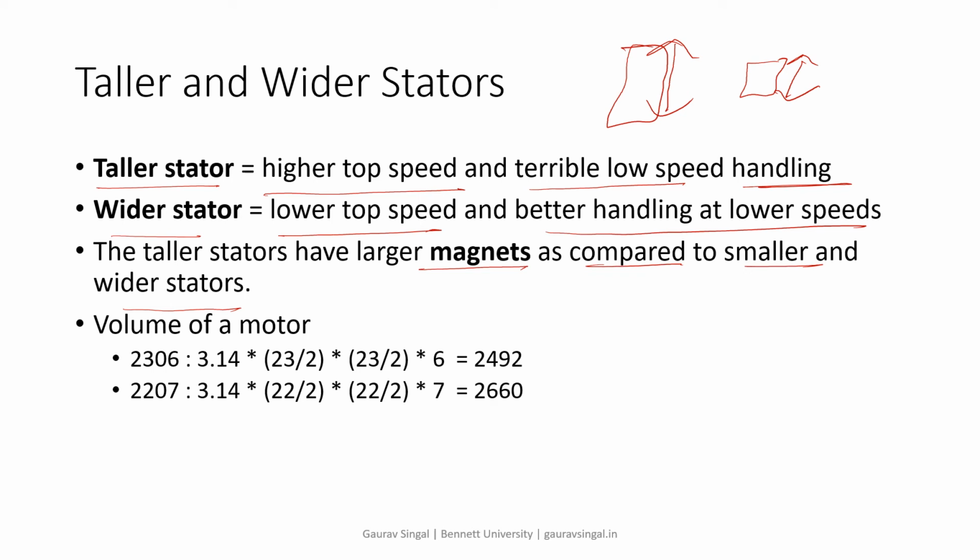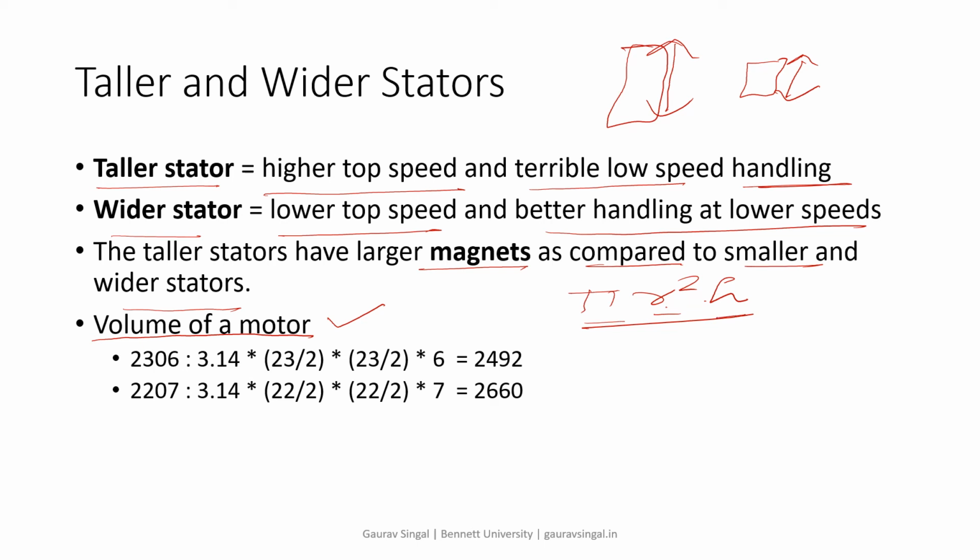So we can calculate the volume of a motor. I hope you know the formula: pi r square into height, where r is the radius, pi is 3.14, and h is the height.